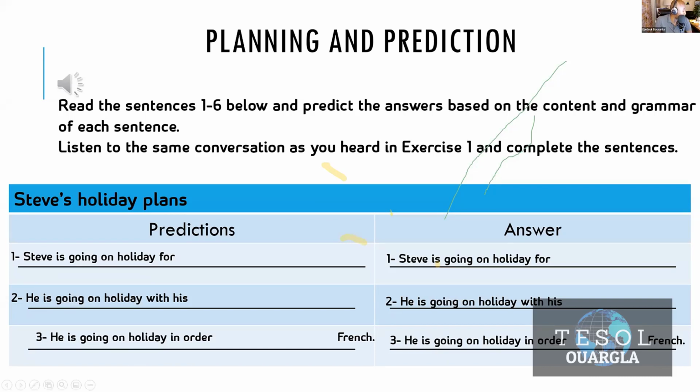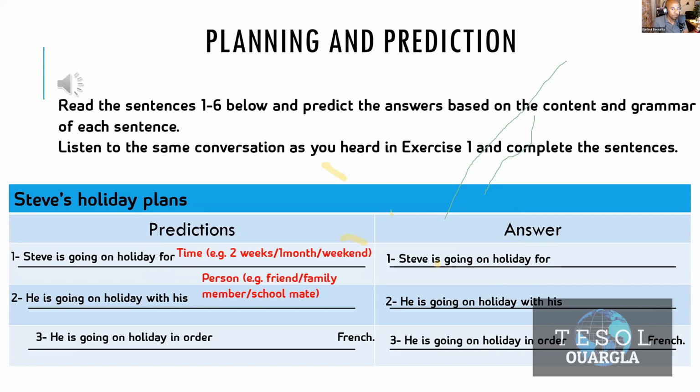So this is probably going to be a time, for example, 2 weeks, a month, a weekend. He's going on holiday with his. Write down with his, please, in the chat box, with his family. Yes, family, companion, relatives, colleague, etc. So this is a person, a friend, a family member, a schoolmate.